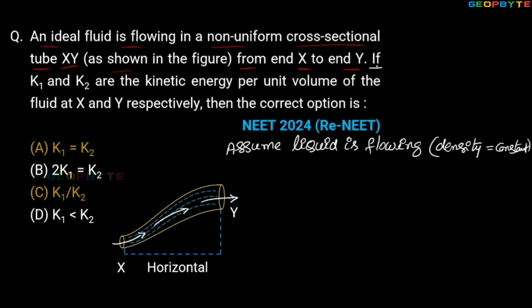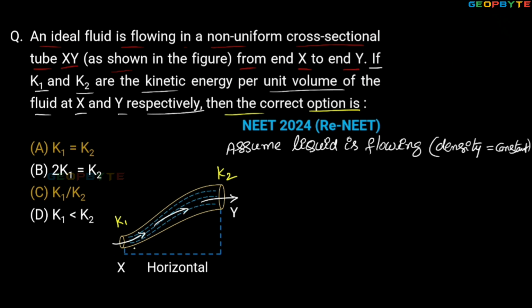Now, if K1 and K2 are the kinetic energies per unit volume of the fluid at X and Y respectively, given that kinetic energy per unit volume at X is K1 and at Y is K2, then the correct option is... you are asked to decide the relation between the kinetic energy at X and Y. For that, look at the arrangement.